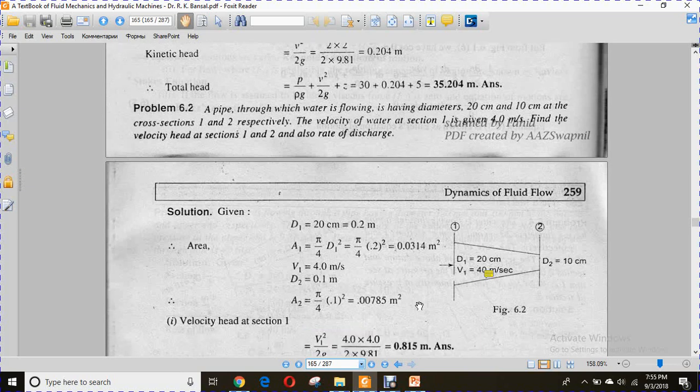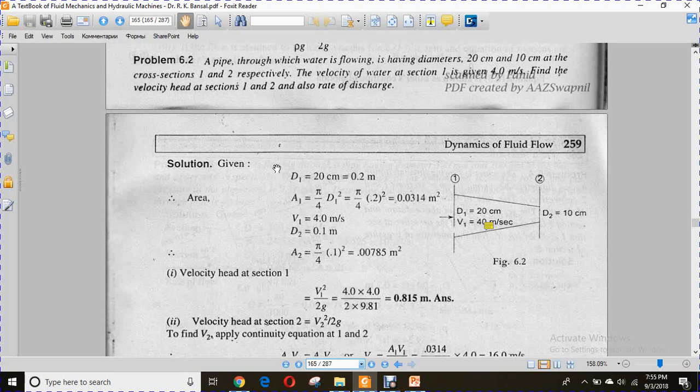So what would be our strategy? First of all, we convert all the units into SI units, into meter, meter per second, meter square, and we transform the diameter into area. We can convert diameter into area by pi by 4 d1 square.